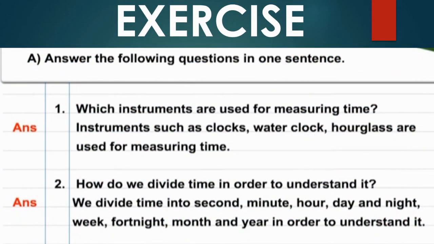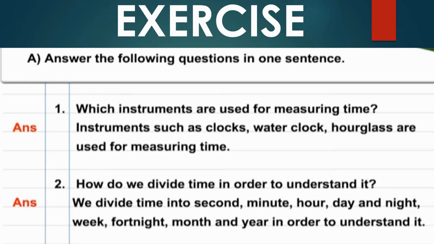Students, now it's time for the exercise. What we have learned, based on that, here we have some questions. Answer the following questions in one sentence. Number 1. Which instruments are used for measuring time? Answer. Instruments such as clocks, water clock, hourglass are used for measuring time.